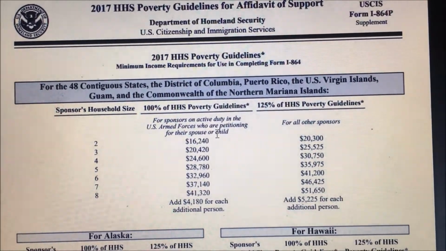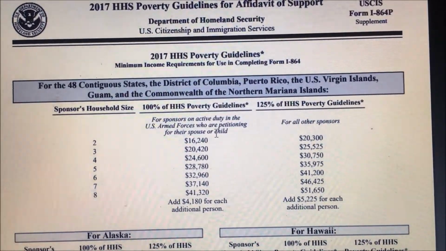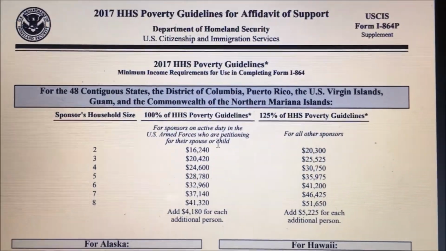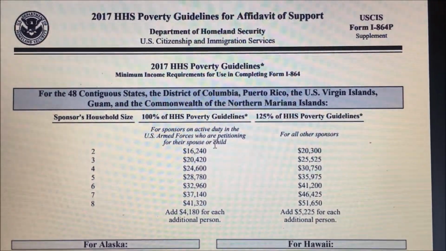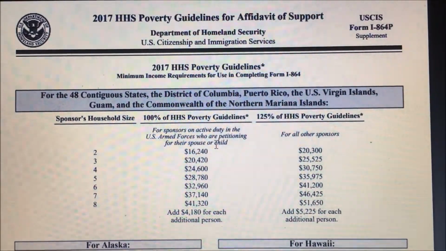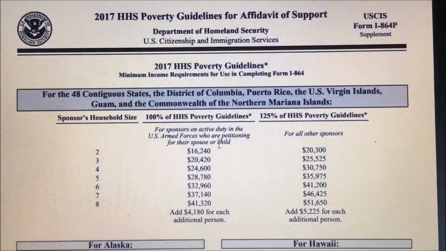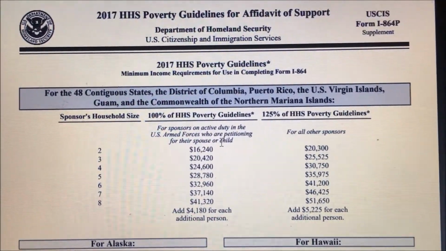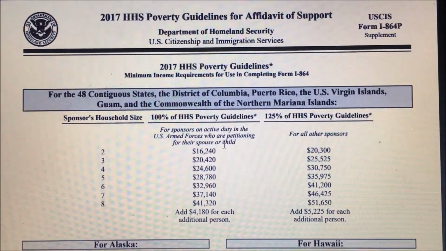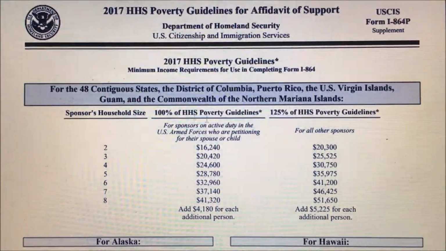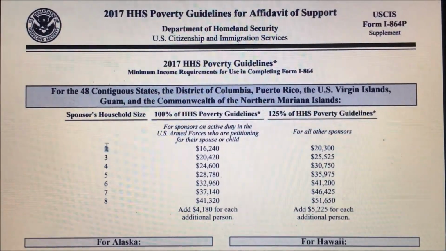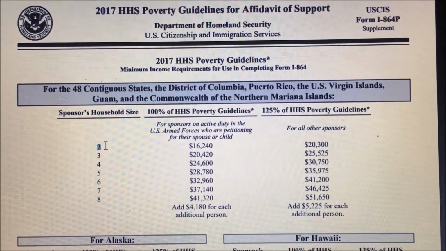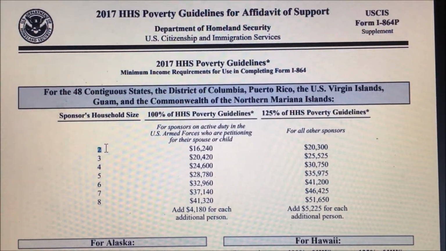Secondly, you need to find the row based on your household size. Marcus is the only one in his house, and he has no child, so that counts as 1. Plus me, the beneficiary, that counts as 2, since I don't have kids also. So the sponsor household size is 2. Then I need to check the column for 100% poverty.